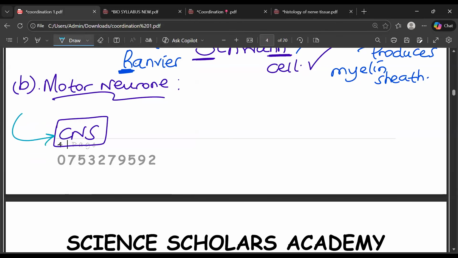The sensory neuron has already delivered. So now we expect the motor to help us take everything to the effector.